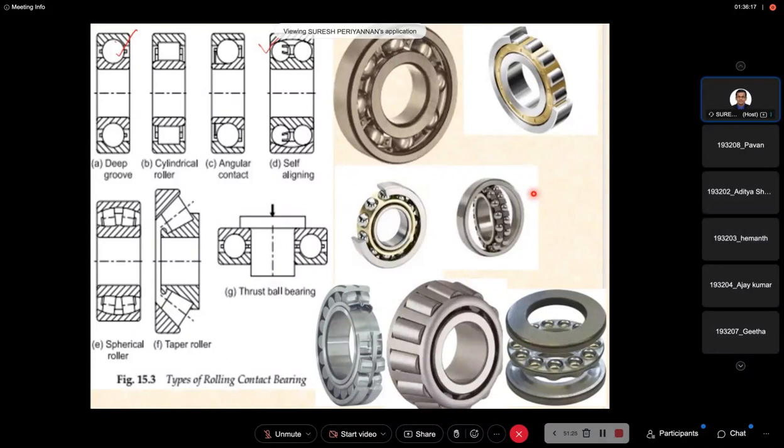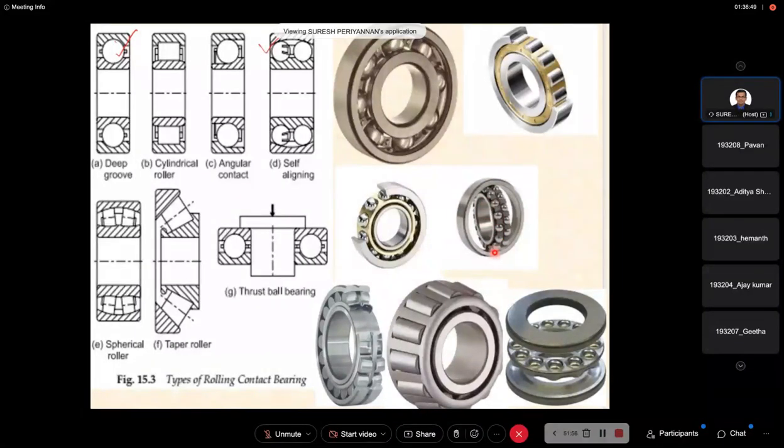The self-aligning ball bearing consists of two rows of balls rolling in the common spherical surface of the outer race. In this case, the assembly of the shaft, inner race and the balls can freely roll and adjust itself during angular misalignment.